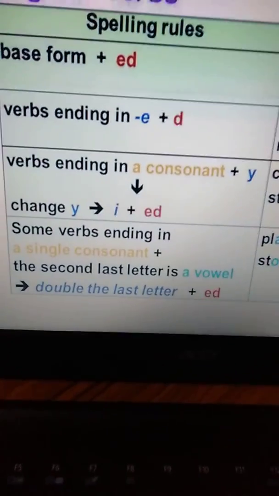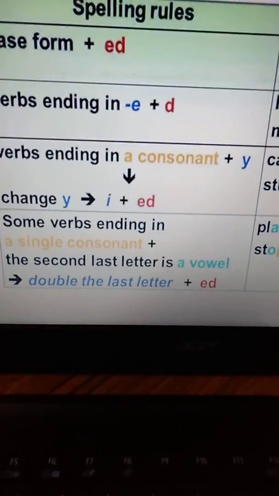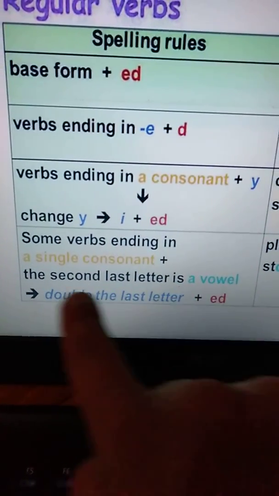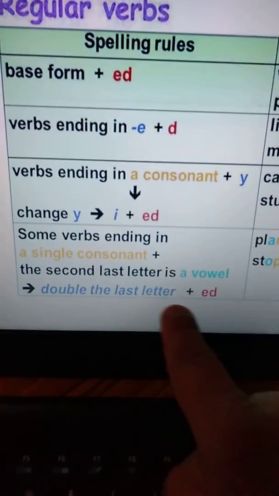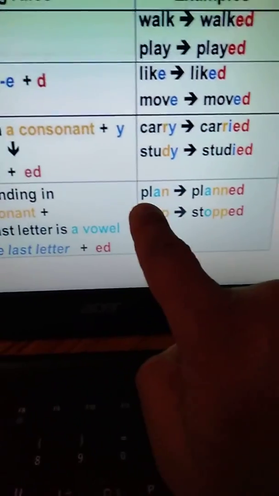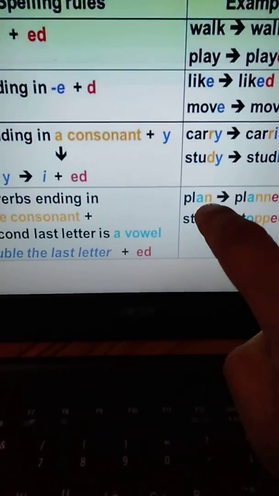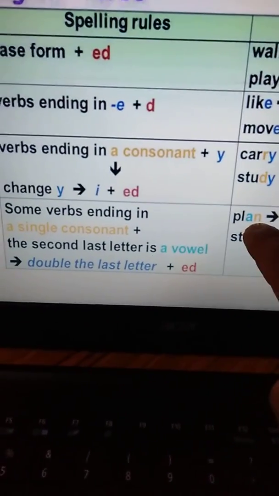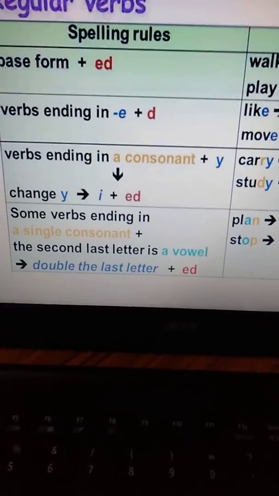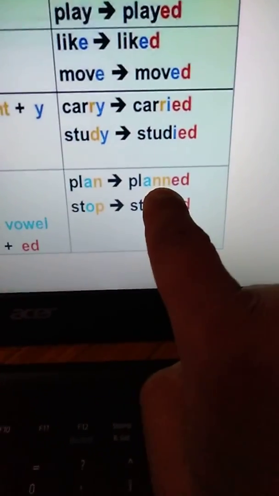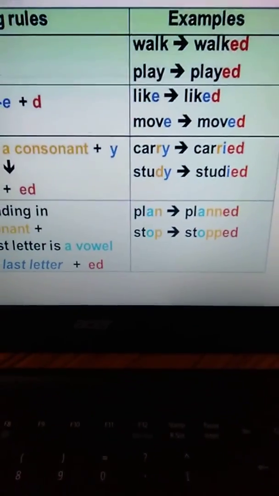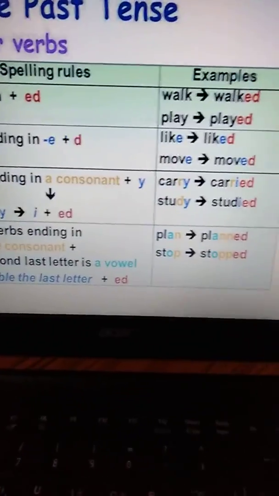And we have some verbs ending in a single consonant where the second last letter is a vowel. We double the last letter, right? Then we put ed, like for example plan, it ends with a consonant, and before it the last letter is a vowel, so we must double the last consonant: plan, planned, stop, and stopped. This is just a revision, okay?